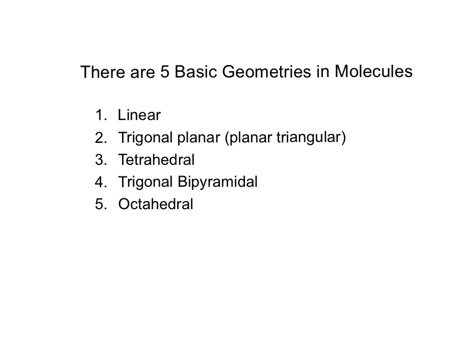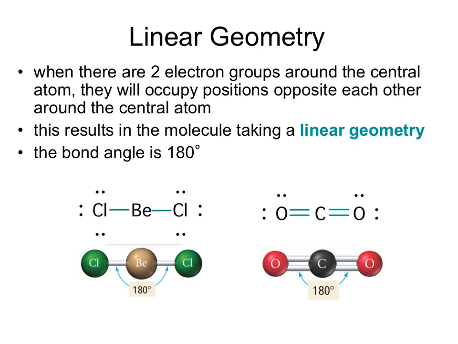So the first thing I want to do is show you each one, talk about how to draw them, what the bond angles are on them, and so on. So I'll go quickly through this.